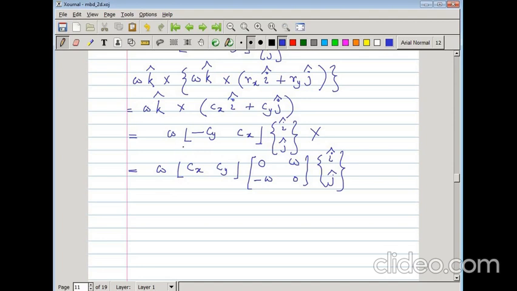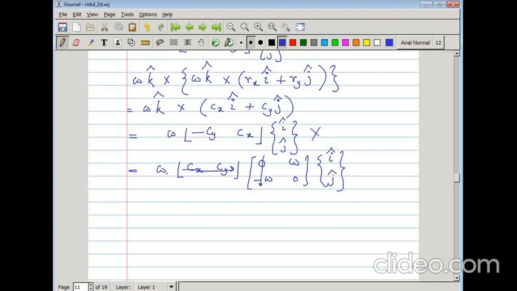See, we are getting the same final product because this is minus omega cy i plus omega cx j. This is also, if you multiply this, so this gives you minus cy omega, and here you get cx omega.